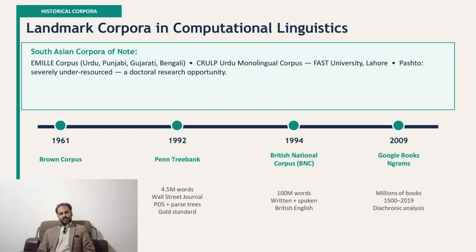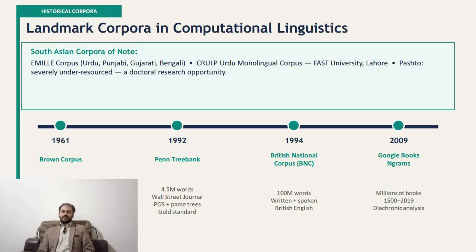Corpora for South Asian languages. For students working on Pakistani languages and varieties, it is important to know that dedicated corpora exist. Though they are smaller and less developed than English resources, the EMILLE includes materials from Urdu, Punjabi, Gujarati, Bengali, and other South Asian languages.